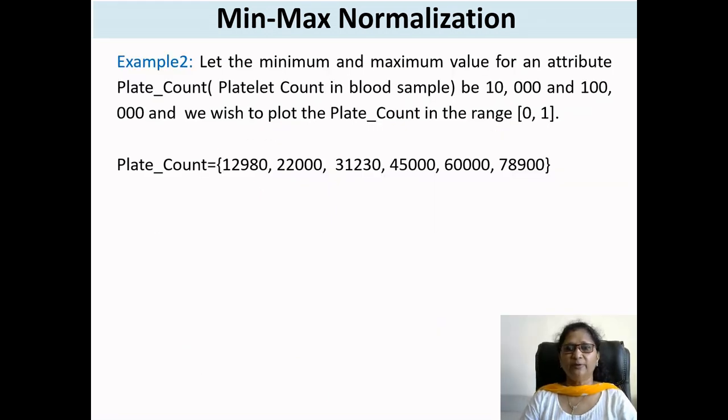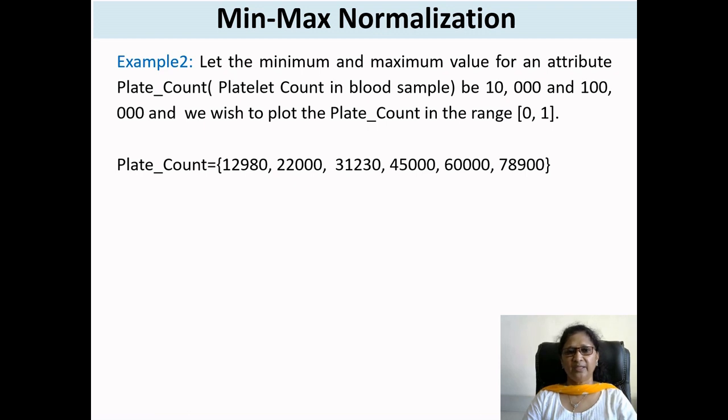So let us look at one more example. Here we are given minimum and maximum value for an attribute, platelet count, and it is given as 10,000 to 1 lakh. So platelet count may vary from 10,000 to 1 lakh, and we wish to plot platelet count in a range 0 to 1.